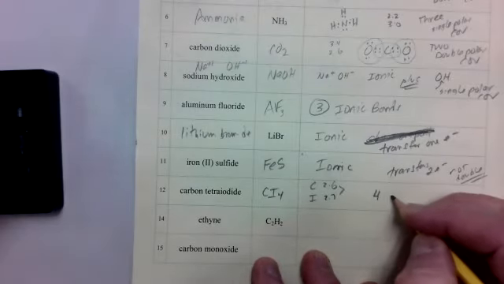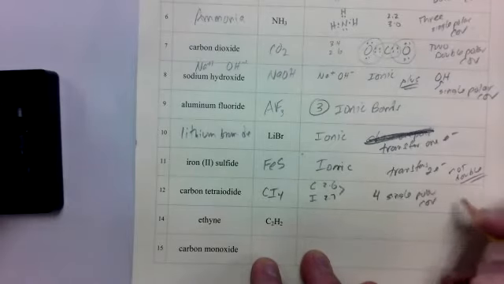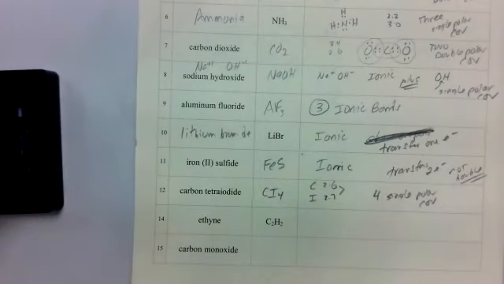We're going to have 4 single polar covalent bonds. Now, I have to say, some teachers might say that these are so close that it's irrelevantly polar. I would argue with that. It's either polar or it's nonpolar. And this is just a little bit on the polar side.